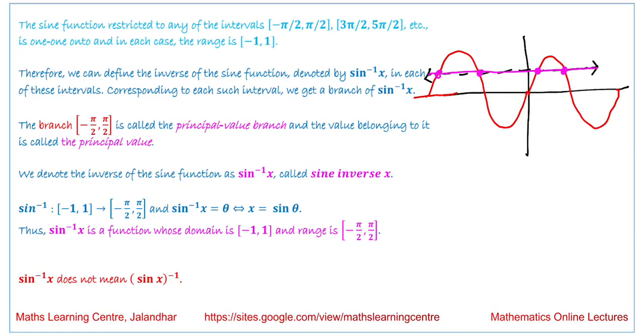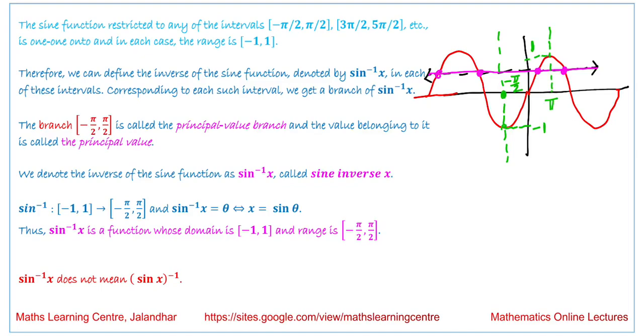So if I am talking about the sine function and I restrict the domain of this function, this is the point minus pi by 2 and the value corresponding to it is minus 1, and at the point pi by 2, the value of the function is 1.